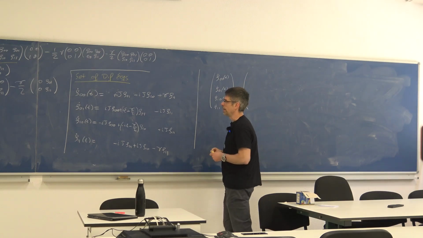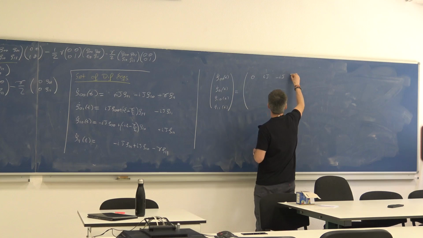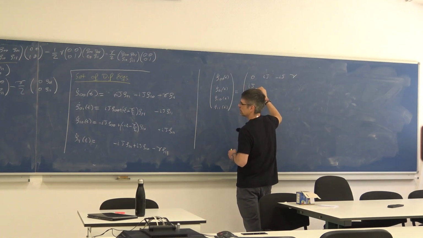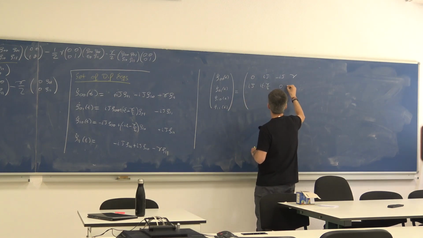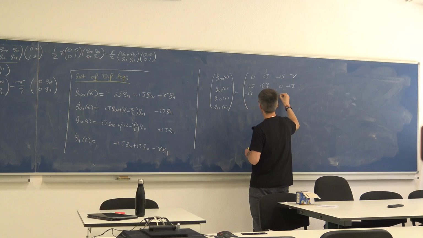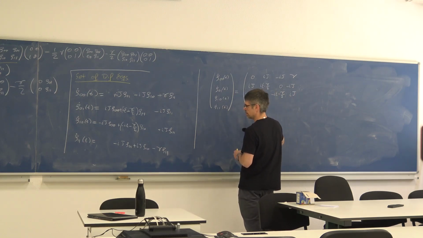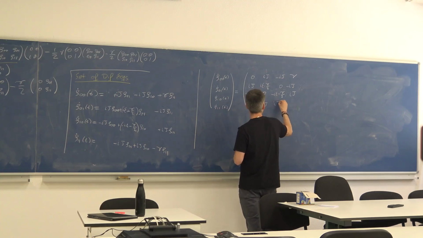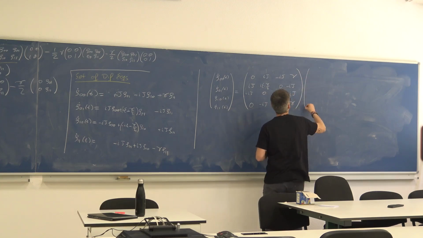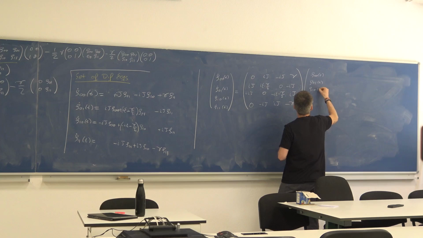This will be equal to a matrix with entries 0, ij, minus ij, gamma, then ij, i epsilon minus gamma half, 0, minus ij, then minus ij, 0 this time, minus i epsilon minus gamma half, ij, then 0, minus ij, ij, minus gamma, multiplied by the vector rho_00, rho_01, rho_10, rho_11, all at t. Okay.